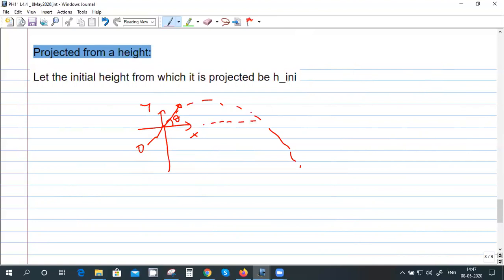The difference is, in the earlier case, the maximum height point splits the motion symmetrically. Here, the time taken to go from here to here and the time taken to go from here to here, are they the same? No. This is the earth level. The time taken is not the same, because this is starting from a height. So that's the important difference here. But still you can write the same component equations and solve the problem.